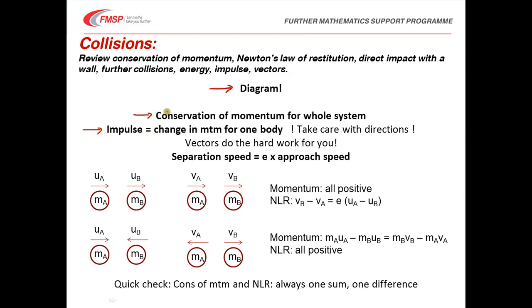Notice that momentum is conserved for the whole system, but momentum is not conserved for individual objects in a system, only in the whole system together. Do take very great care with directions when you're dealing with impulse and momentum. For this reason, vectors are very useful in dealing with collision questions because they do the hard work on direction for you.